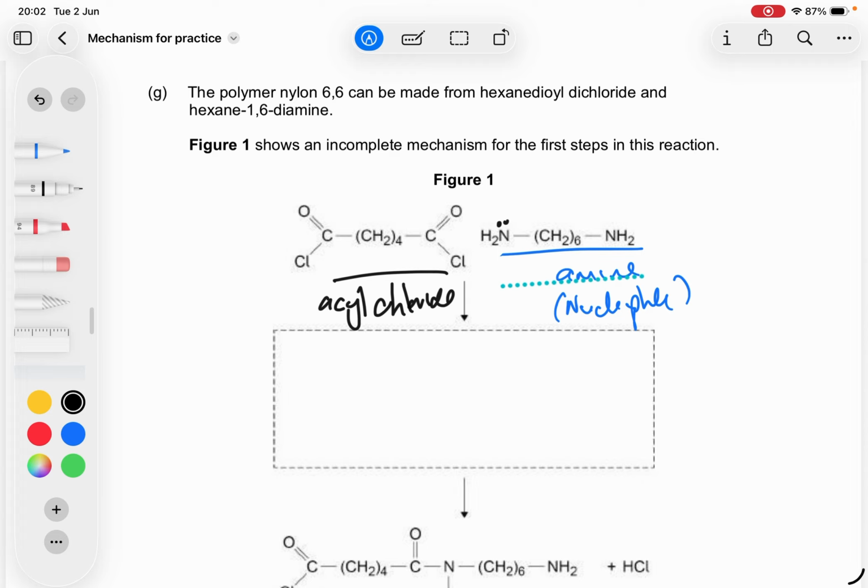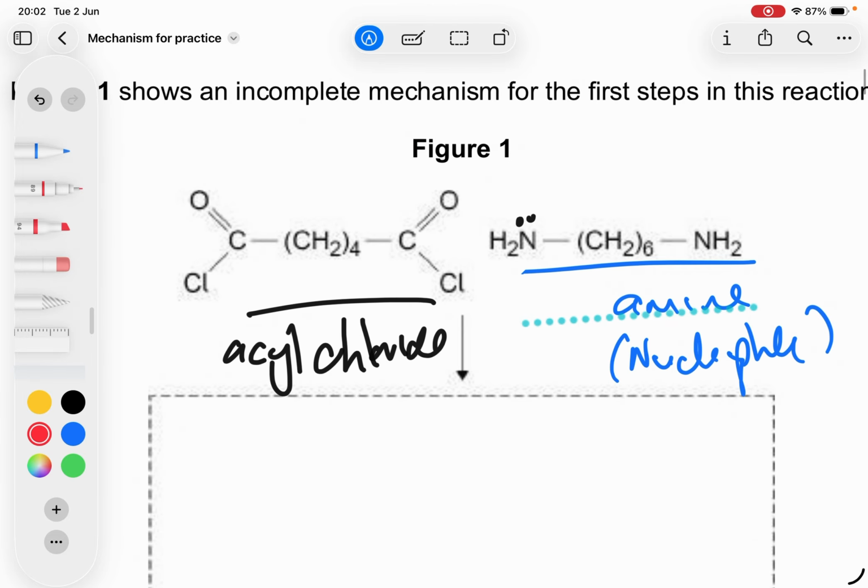Now I do like putting dipoles on. I'm going to enlarge this. So the carbon is delta plus, oxygen is delta minus, because oxygen is more electronegative than carbon. The first arrow is going to go towards oxygen, and the lone pair on the nitrogen is going to go towards the carbon. A curly arrow means movement of a pair of electrons.